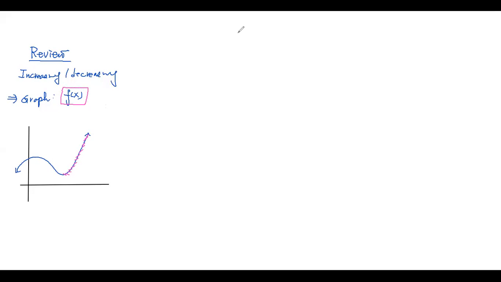This part is also continuously going up, so it's increasing, and this part is going down. If the function given to you is f of x, you just look at the graph and you can identify increasing or decreasing.